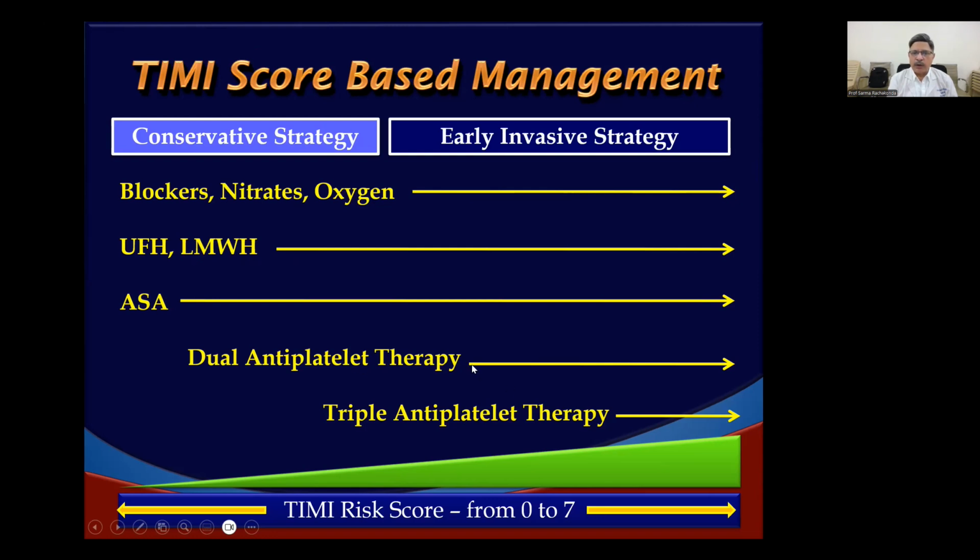Dual antiplatelet only from here, triple antiplatelet only from here. That means if the score is around 5 or more, you go triple antiplatelet. If the score is around 4 or more, or 3.5 or 4, then it is dual antiplatelet. Irrespective of the score, everyone should get the beta blockers, nitrates, oxygen, and these.